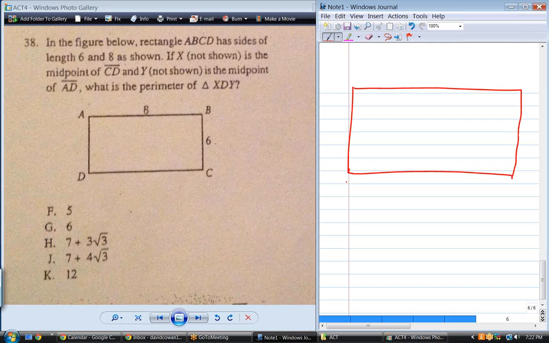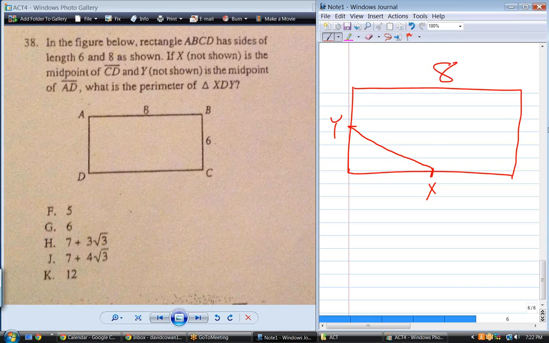They're saying that X is the midpoint of CD. Okay. And Y is the midpoint of AD. And they want to know XDY. Oh, the XDY, what is the perimeter of that triangle?